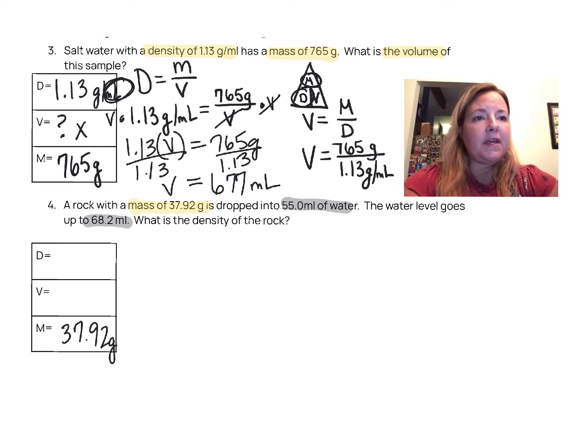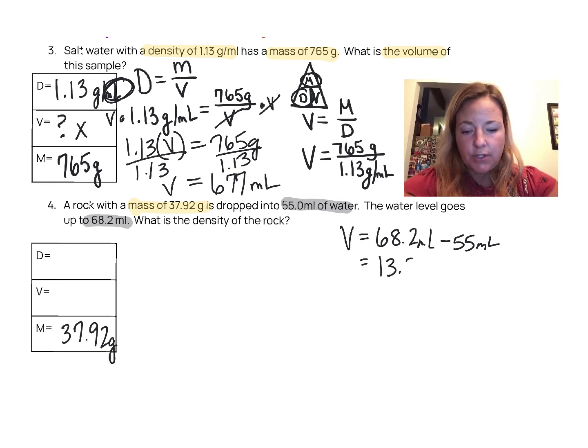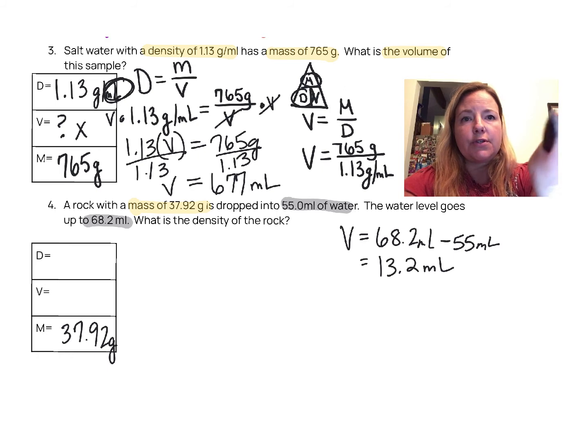Because we're using displacement, the volume is going to be the 68.2 milliliters at the end minus the 55 milliliters that we had at the beginning. So our volume is going to be 13.2 milliliters. I can fill that in for my volume.